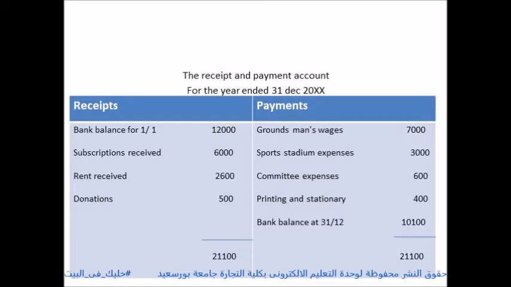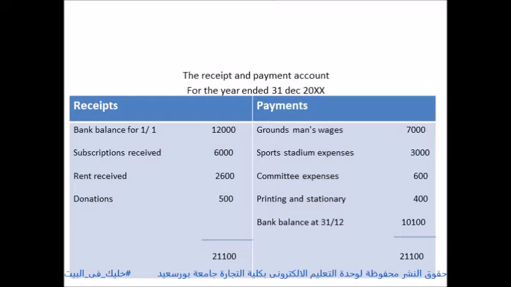Okay, so in the receipts, we will record bank balance for the 1st of January, 12,000, subscriptions received 6,000, rent received 2,600, donations 500.